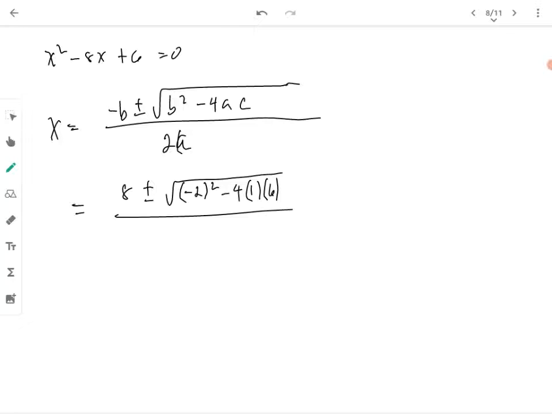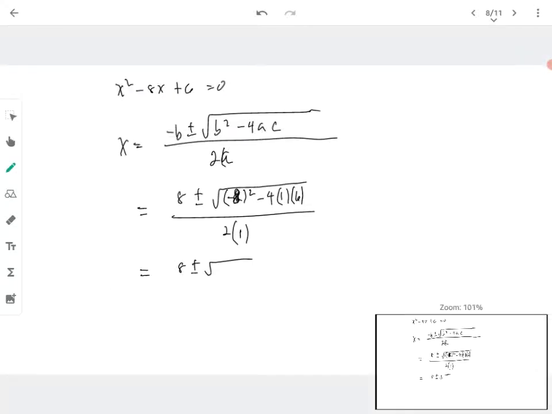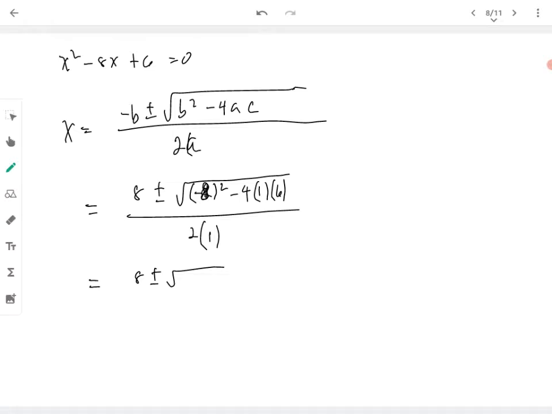And c is 6, then we have 2a all over 2 times 1. Negative 8 squared minus 4 times a, which is 1, times c, which is 6. So if we're going to do that, we have 8 plus minus square root of 64 minus 24, that's 40, all over 2. Okay.